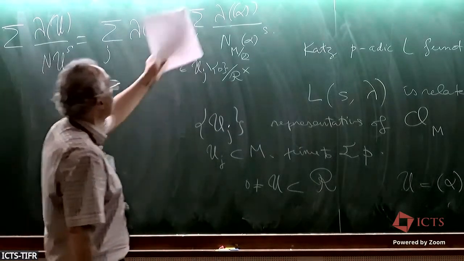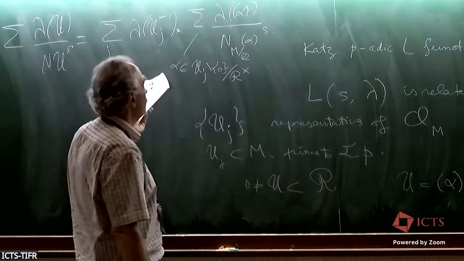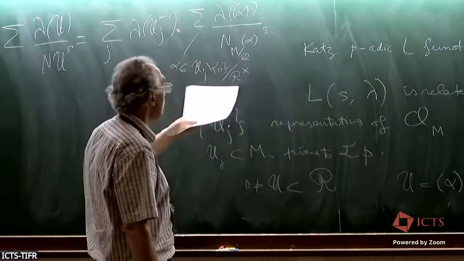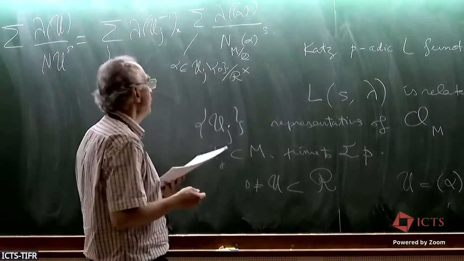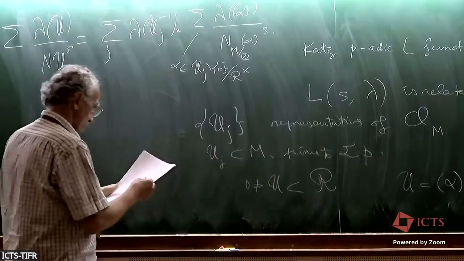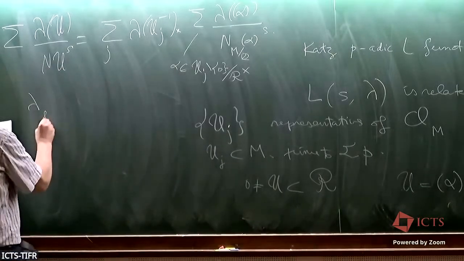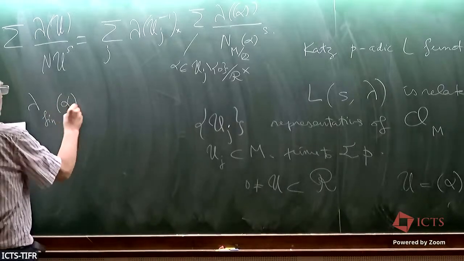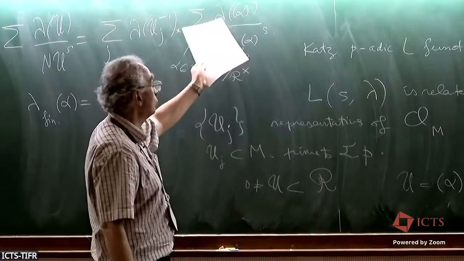Because this you will interpret as the special value of an Eisenstein series, more precisely of a derivative of an Eisenstein series. So you introduce lambda finite of alpha, because you see the problem is that this function is not of finite order.